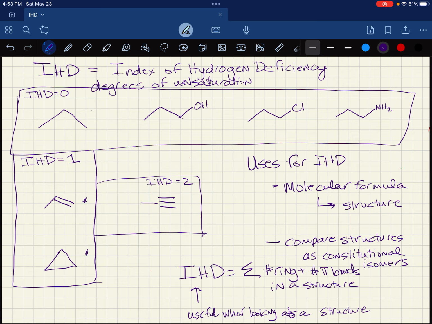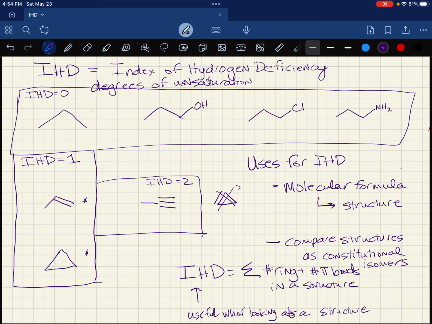In theory, you could also have a structure with 1 ring and 1 pi bond. You couldn't make 2 rings with only 3 carbon atoms. But the one on the right here would be improbable just because of the very high ring strain, and then having a pi bond for one of those is pretty unlikely. So I'm not going to draw that one or utilize that one.